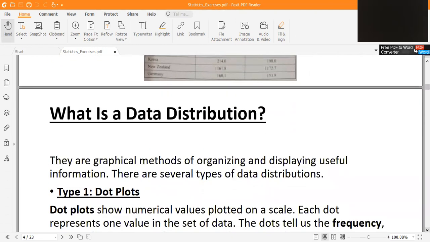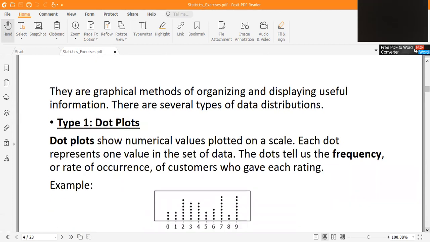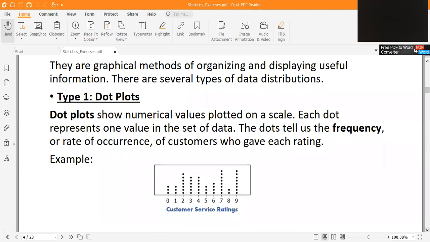What is data distribution? Data distributions are graphical methods of organizing and displaying useful information. So when we talk about data distribution, we are interested in graphical methods. We have several types of data distribution, such as dot plots.